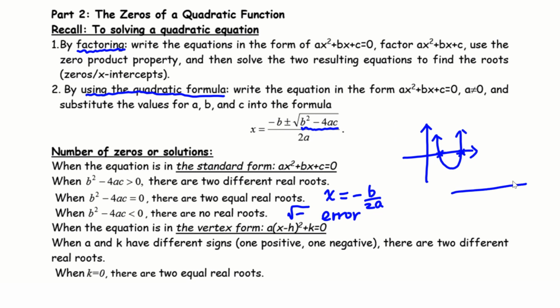The second one, equal to 0 means the vertex is on the x-axis, so you have 1 point of intersection. And the last one means your U-shape is below or above the x-axis, and it will never intersect with the x-axis, so no solutions.